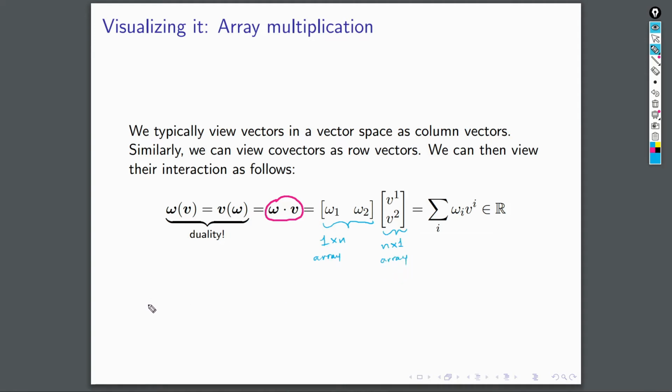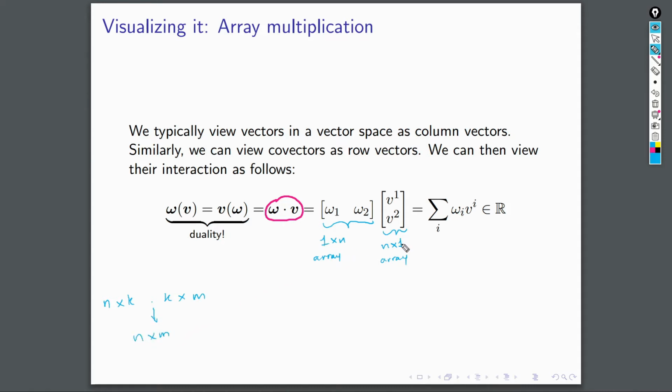And if you remember from your basic linear algebra, when you take an n times k array with a k times m array, you get an n times m array.